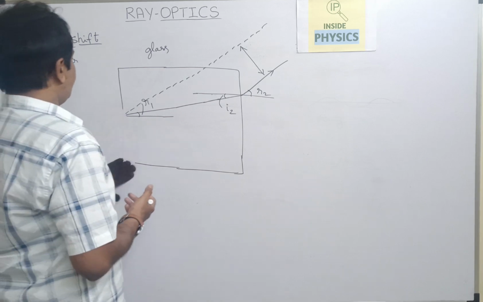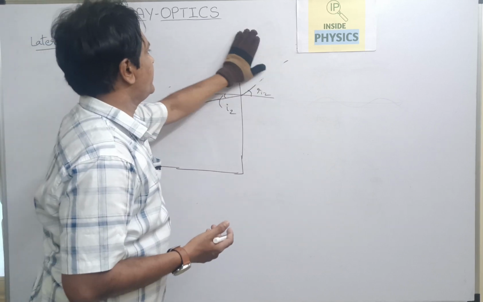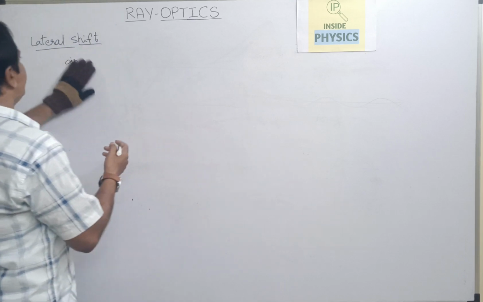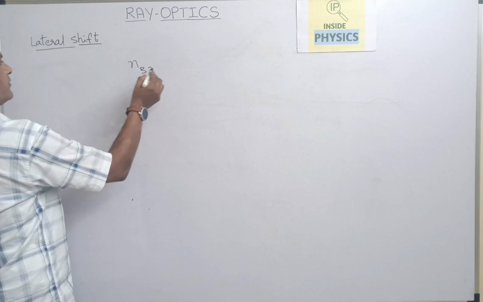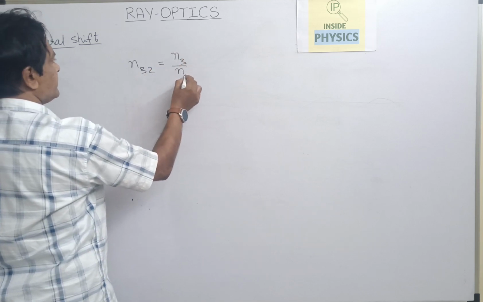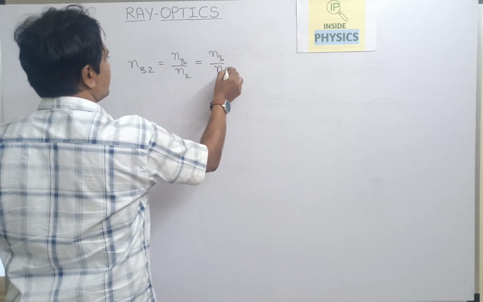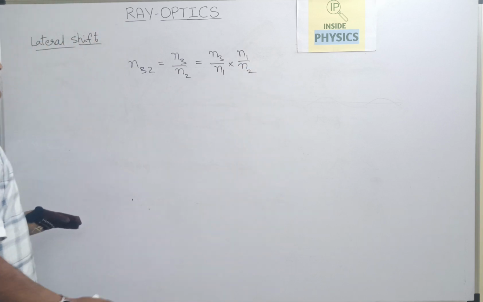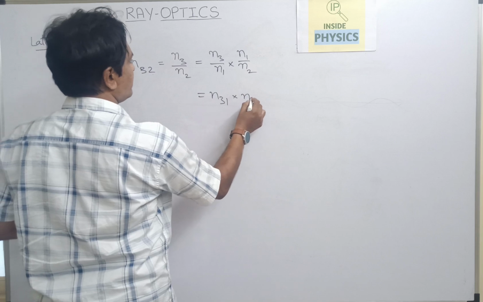Okay, so whenever we are taking the ratio of refractive indices of two media, we can write the ratios in this way also. Say the light is entering from second medium to third medium, so the ratio will be n3 by n2, and this can be written as n3 by n1 into n1 by n2. So here that means n31 into n12.